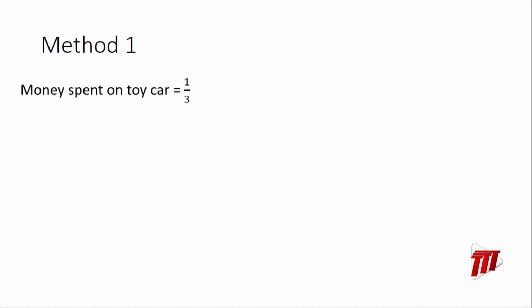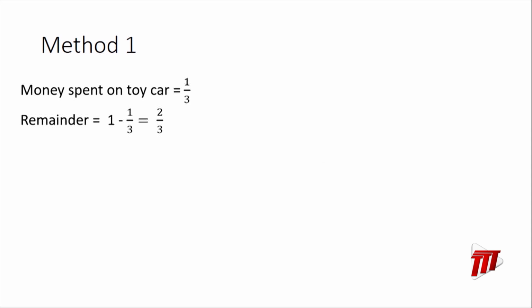So the first method, we know that he spent 1/3 on the car, so he would have been left with 1 minus 1/3. 1 being the whole amount of money he started with. 1 is 3/3. 3/3 minus 1/3 would give me 2/3. So this is the amount of money he had after he bought his toy car.